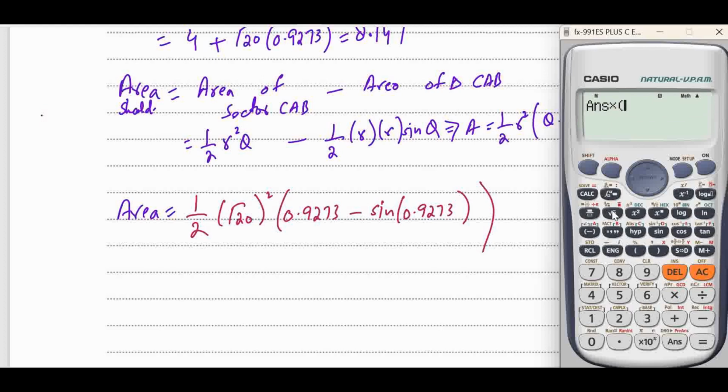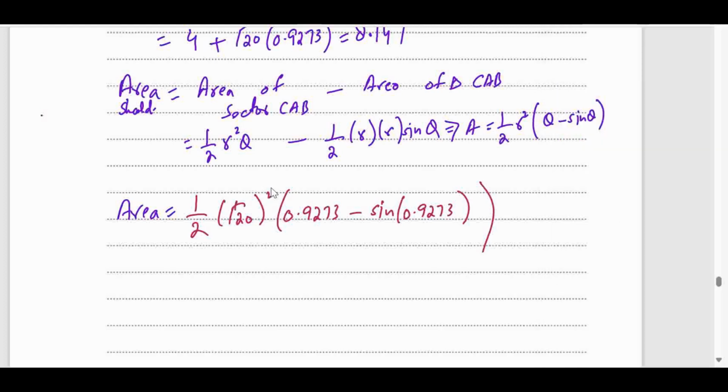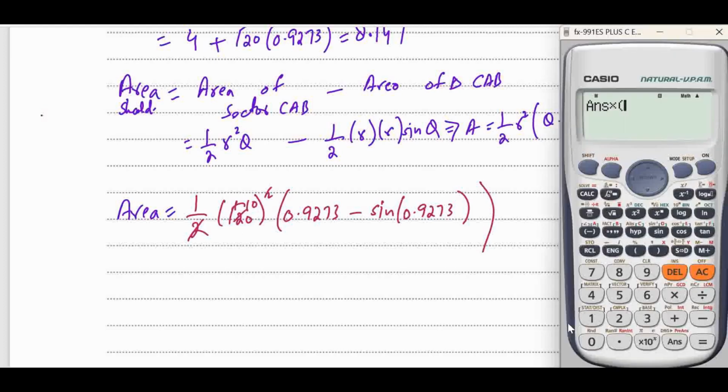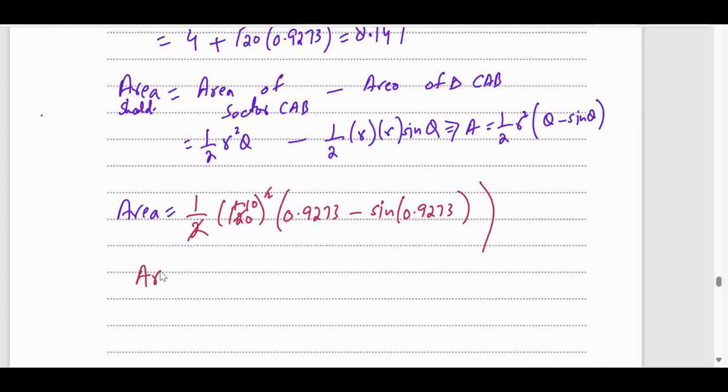Basically simply multiply it with 20, because we can cancel out 2 with 10. So simply multiply the previous answer with 10. We will get the answer 1.273. So area will be equal to 1.273. This will be the final answer.